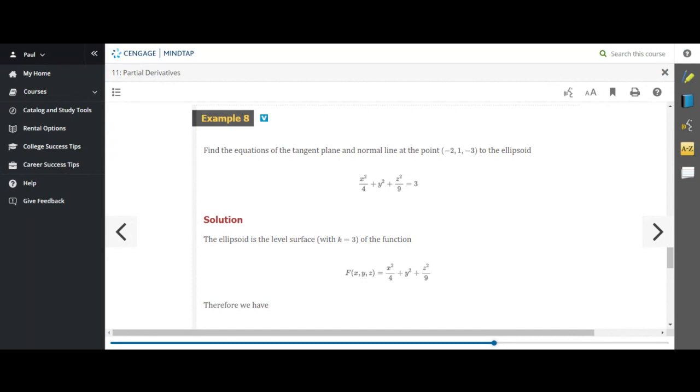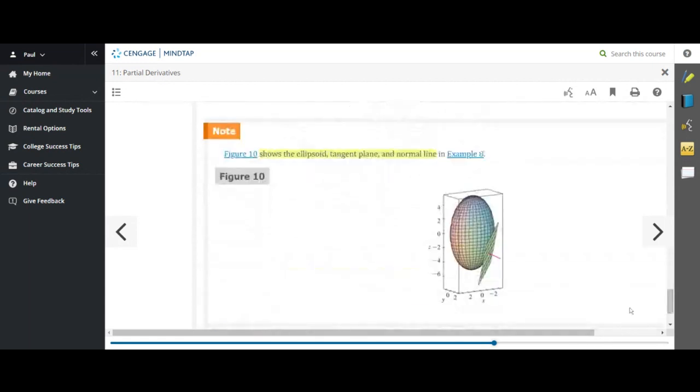In the picture below, there's the ellipsoid with the tangent plane to the ellipsoid at the point (-2, 1, -3).